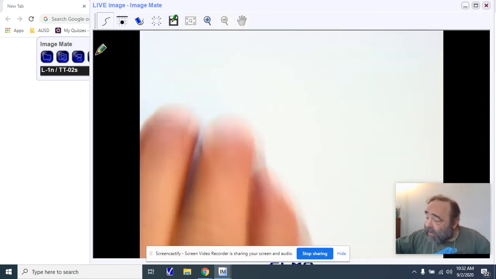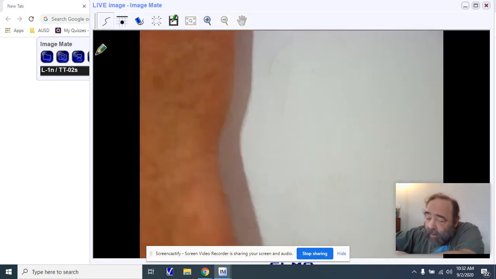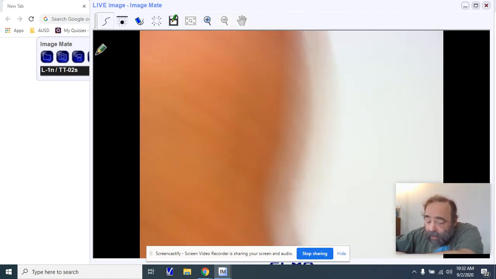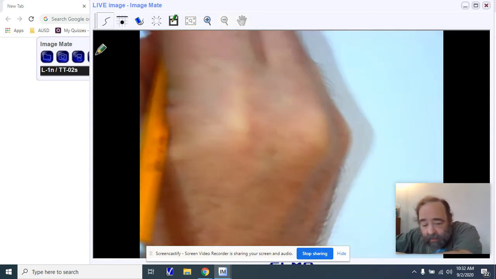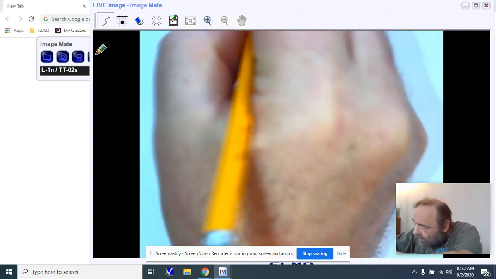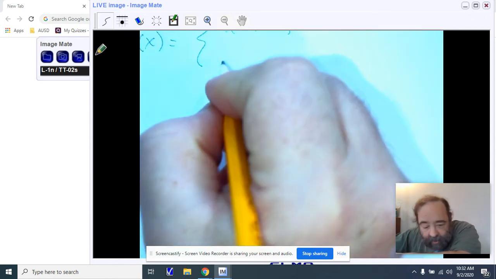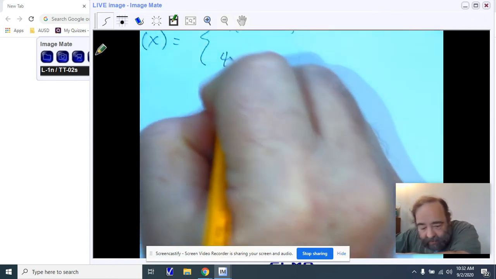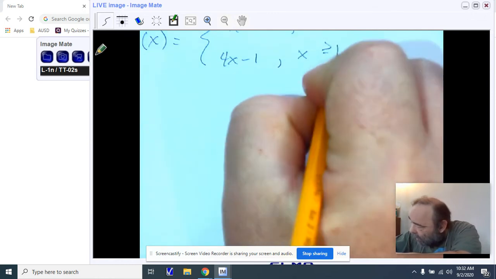The 11th question of this worksheet was now looking at a piecewise function. We are being asked to identify a specific value: x squared plus 3 for all x less than 1, and 4x minus 1 for all x greater than or equal to 1.